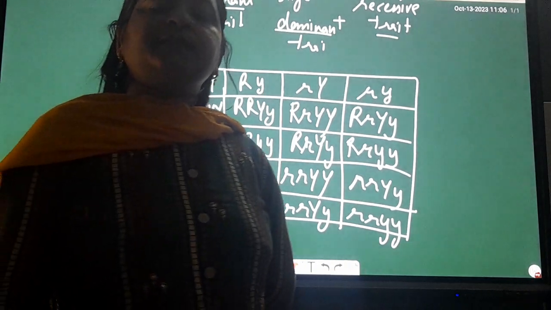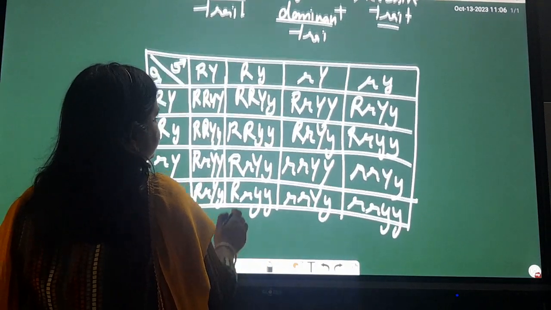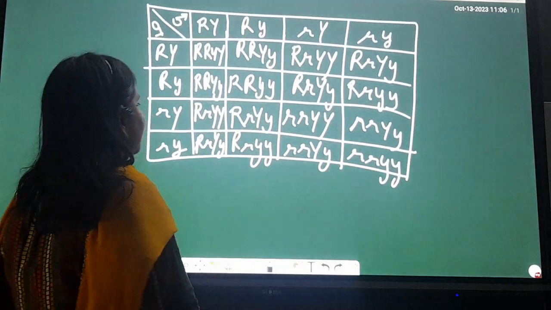So here you can see the 16 combinations of the genotypes that Mendel obtained in his dihybrid cross.